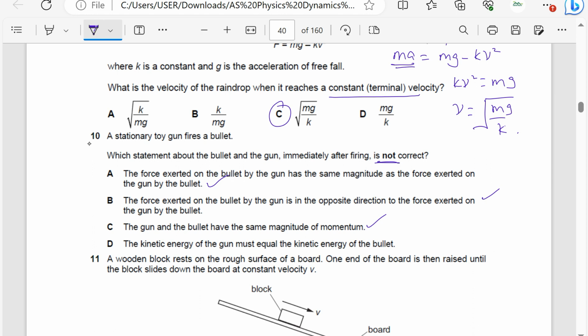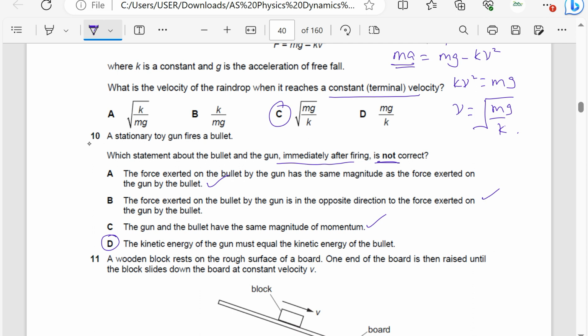It is the same magnitude of momentum but in opposite directions. The kinetic energy of the gun must equal the kinetic energy of the bullet. This one is not going to be correct.